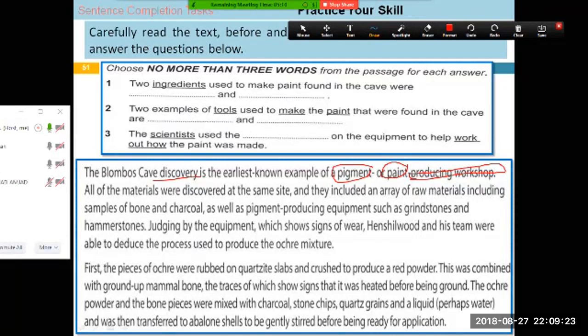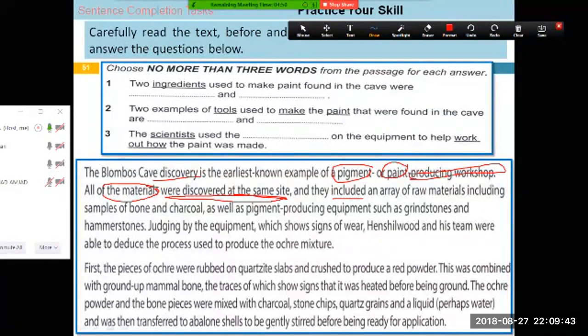Now you see, all of the materials were discovered at the same site. And explaining what all of those materials were, in this, it included what?